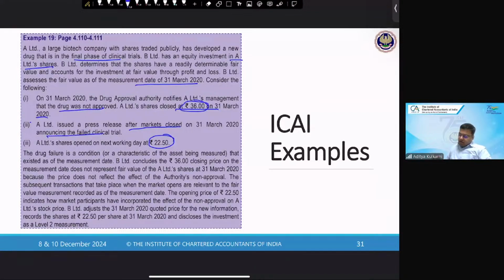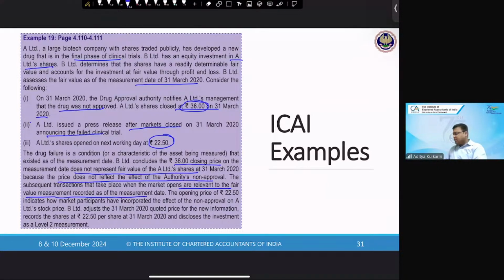B Limited concludes that the 36 rupees closing price does not represent fair value of A Limited shares because the price does not reflect the effect of the authority's non-approval. The subsequent transactions that take place are relevant to the fair value measurement recorded as of the measurement date.